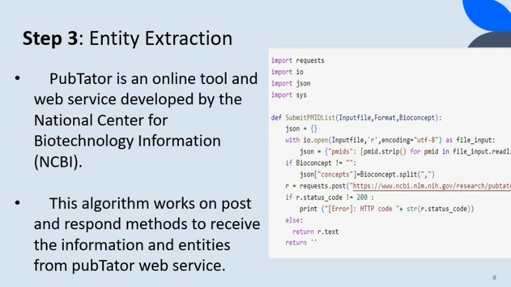With these algorithms, if you can see, it gets the JSON file that contains the sentences or the abstracts of the papers, and the format says that we just told the system that we want it in a JSON file format.